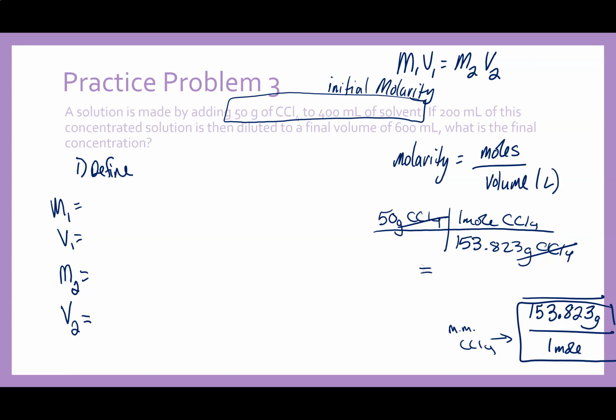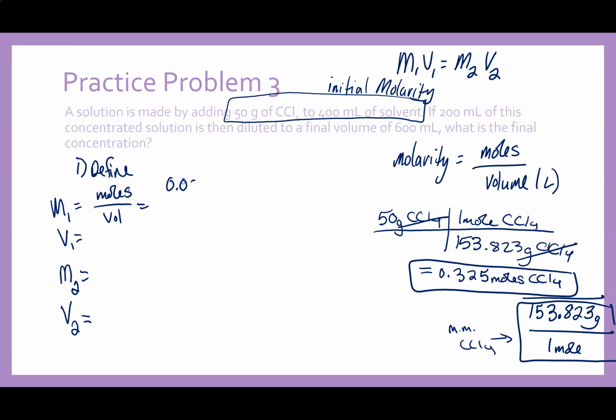And that's going to leave us with 0.325 moles of CCl4. And this is, of course, going to be all M1. So far, we know it's going to be moles over volume in liters. So far, we know the number of moles. We just calculated that.